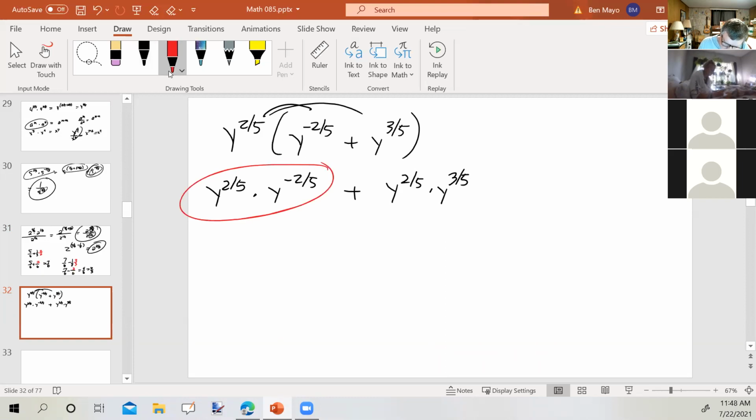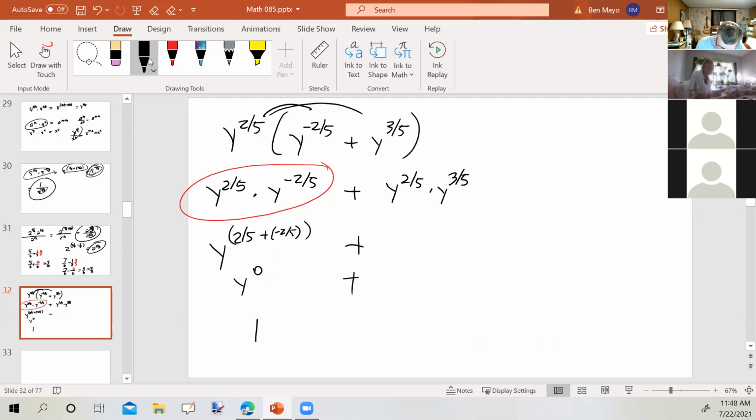Now let's take a look at this. What am I doing? I'm multiplying two powers with the same base, so I'm going to add the exponents. So 2/5 plus negative 2/5 would be y to the 0 power. Recall, anything to the 0 power other than 0 to the 0 power is 1.